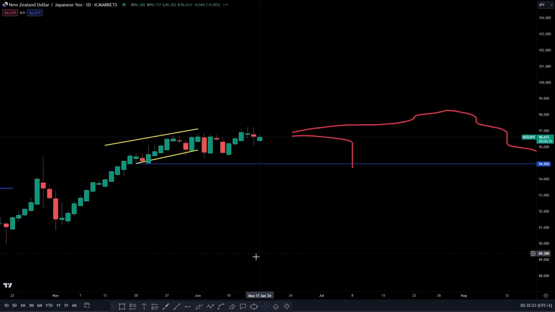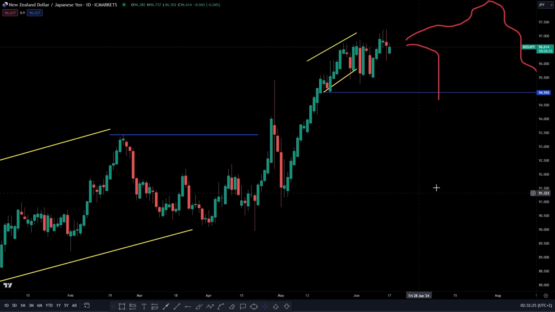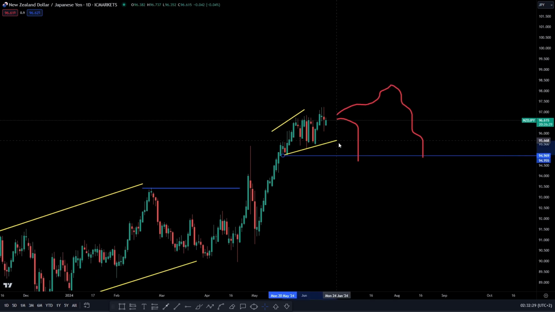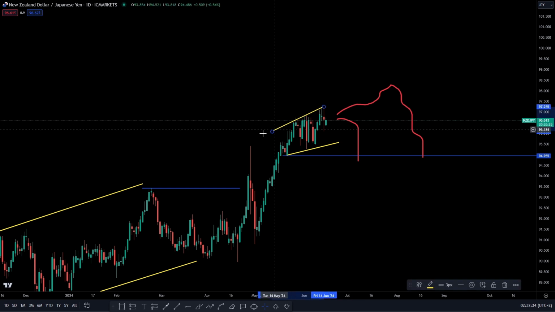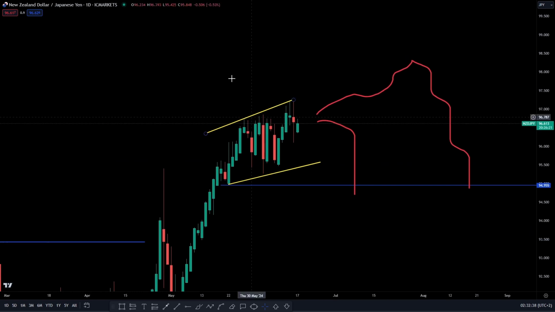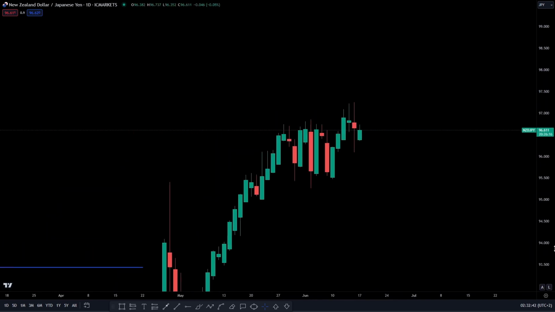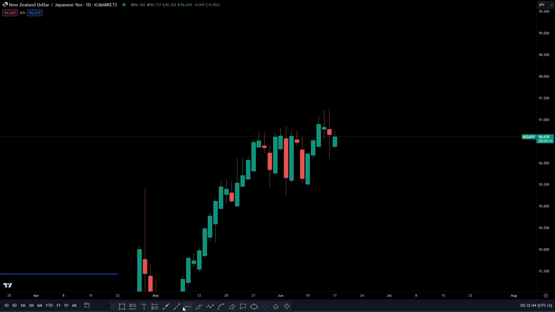Moving on to the daily time frame. Okay, let's fix this. Okay, I'm not really feeling everything, so let me delete and have a fresh view of the market.